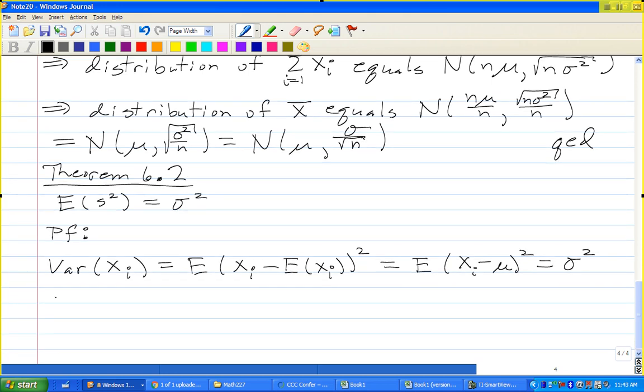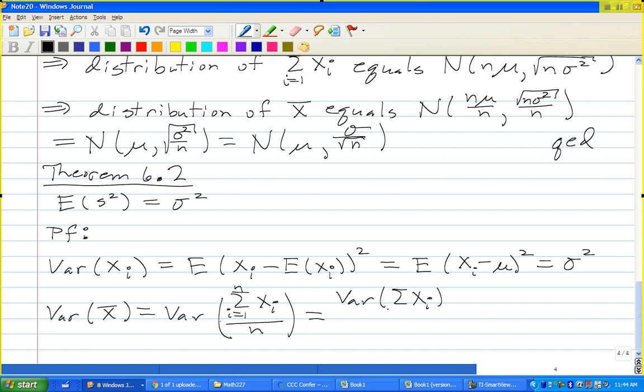Next, the variance of the sample means is just the variance of the sum of xi over n, which is just the variance of the sum of xi over n squared by the properties of variance.